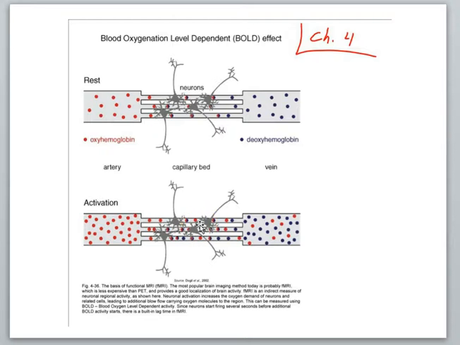And the fMRI machine can detect this change because the magnetic properties of oxyhemoglobin are different from deoxyhemoglobin. So because oxygenated hemoglobin and deoxygenated hemoglobin have different magnetic properties, the machine can detect changes in blood flow that are correlated to different levels of activity of localized brain regions.